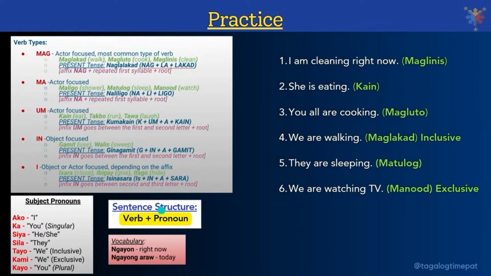So let's do number 1 together just so we are all on the same page. Remember our sentence structure here, verb plus pronoun. So the verb for to clean is maglinis. In the present tense, it's naglilinis. So for mag-verbs, remember the pattern is affix nag, then there's a repeated first syllable, and then the root.